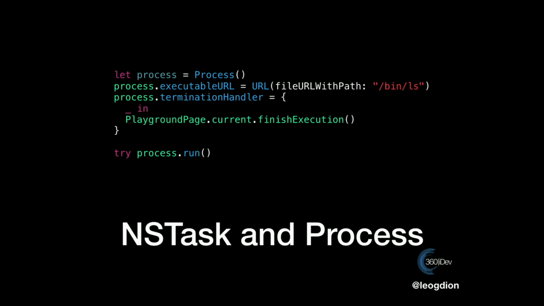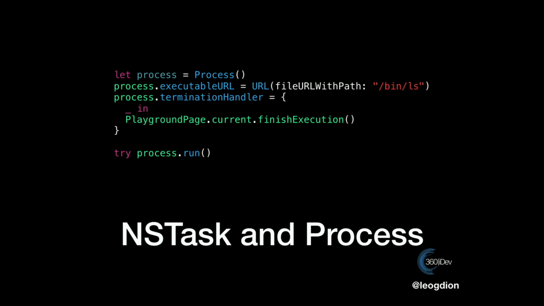Only on macOS, they give you the ability to run a process or task. For instance, here's an example of running a separate process as opposed to opening an application. We give a URL or a file path to a command we want to run. It runs the list command on a separate process. We pass in a closure where we just close the playground, and then we run the process.